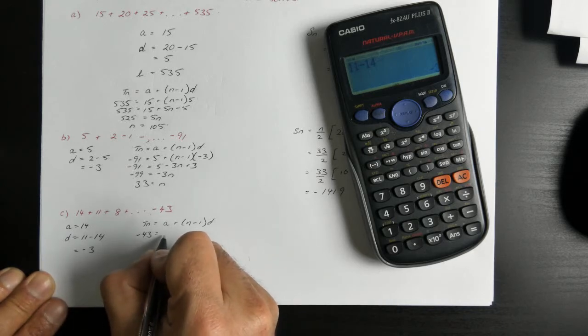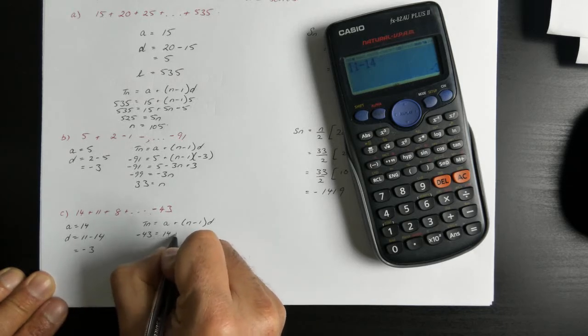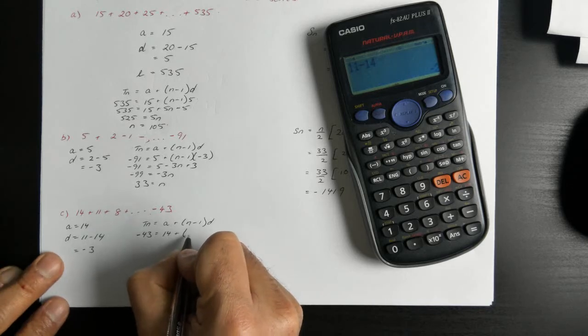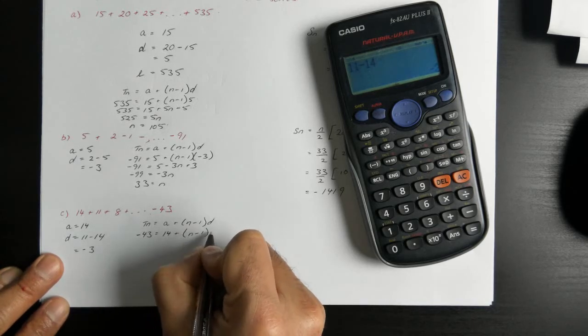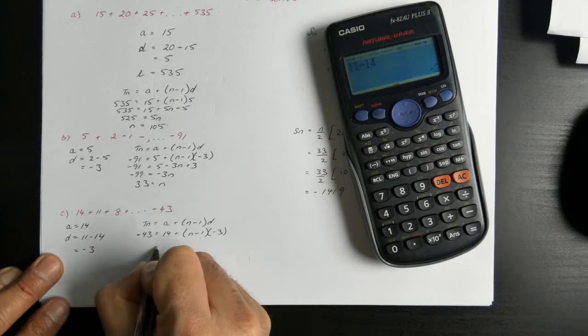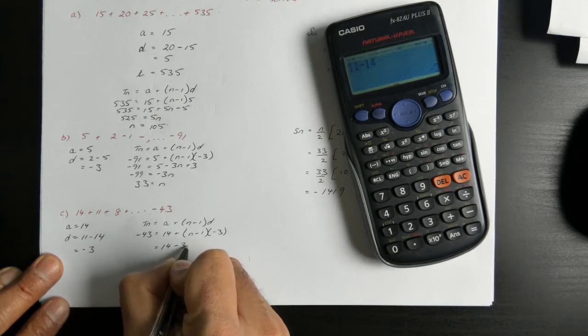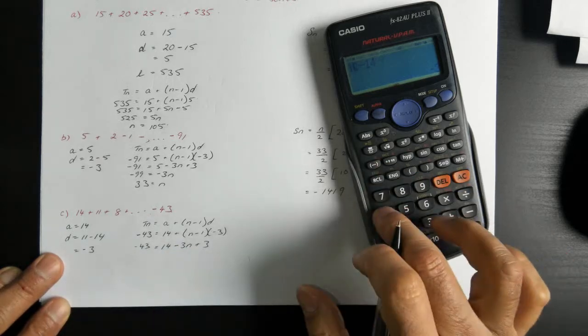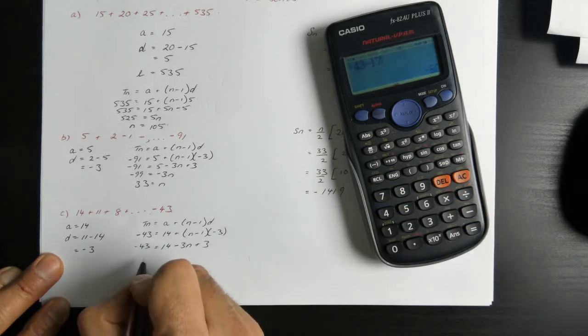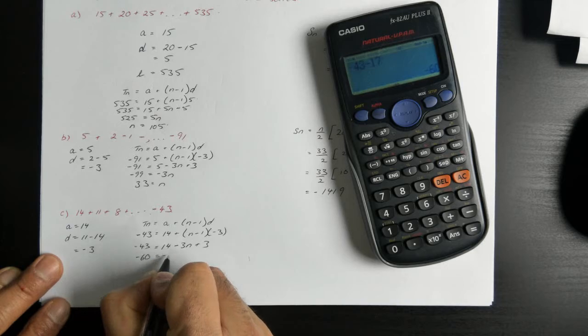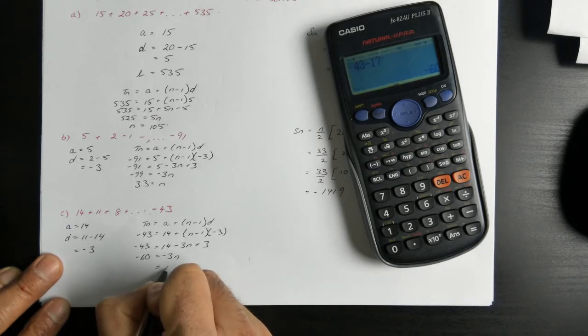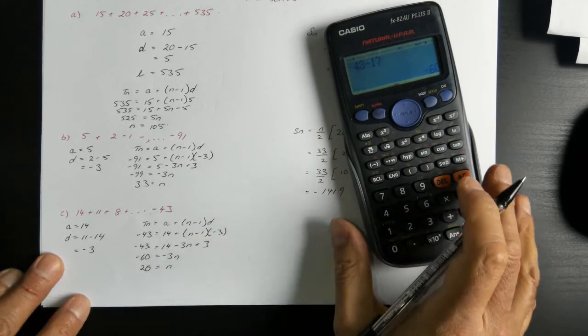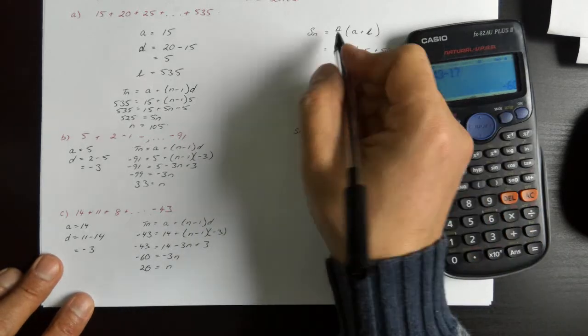So we've got 14 plus n minus 1, negative 3. So 14 minus 3n plus 3, so that's 17. So negative 43, take away 17 is negative 60. So n equals 20.